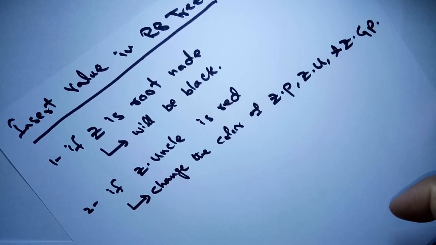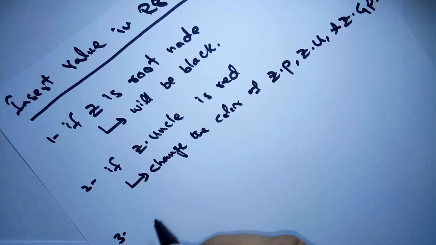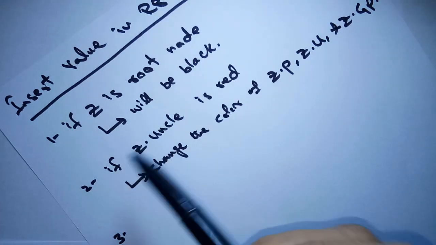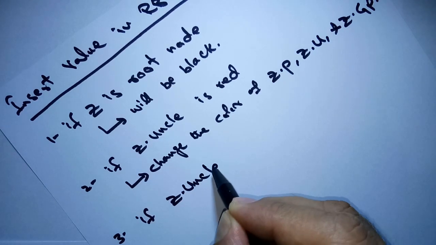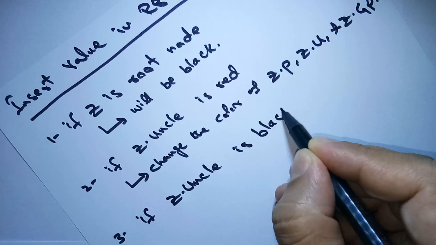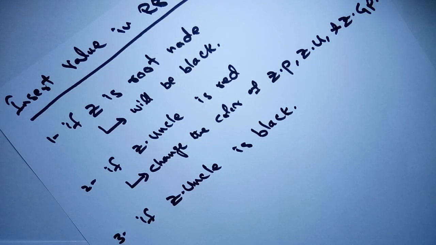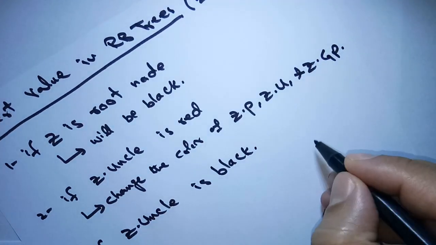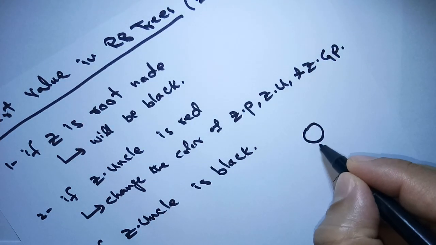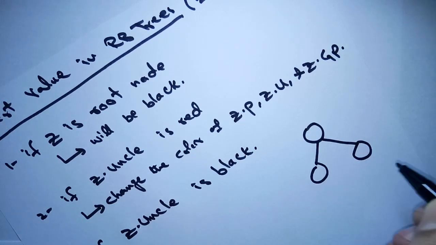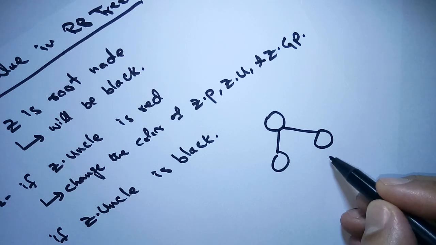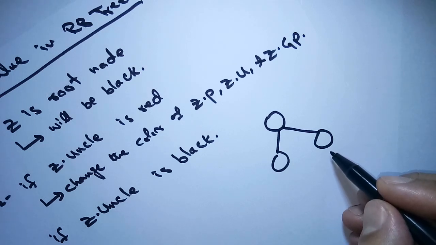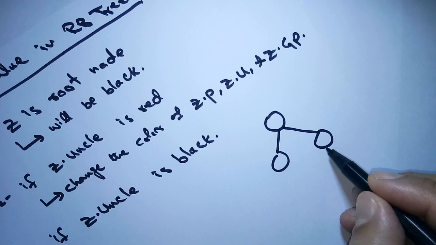Rule number three is, if the uncle is red, then it is fine. But if Z dot uncle is black, then there are actually two cases. For example, you have inserted a node here.